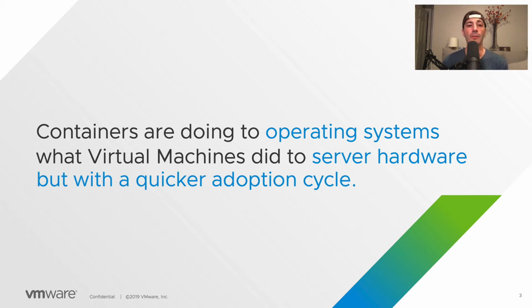What we've seen is this bell curve, or hockey stick approach, to containers. If you remember back when we all started getting into virtualization, for myself it was around 2006, 2007. Back then, trying to figure out how to do a physical to virtual migration was a daunting task. It really was.